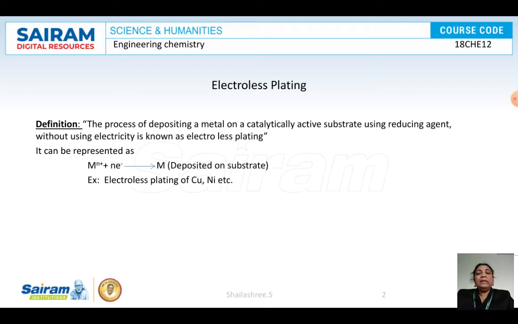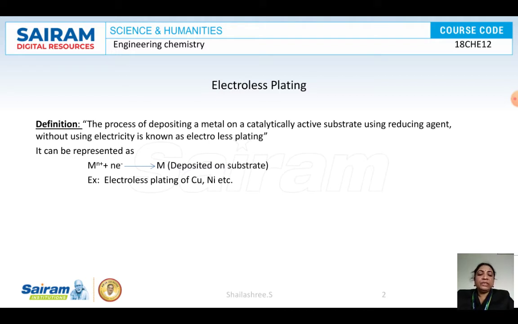Electroless plating is defined as the process of depositing a metal on a catalytically active surface by using reducing agents and without using any electricity. It is a process of deposition of a layer on a catalytically active surface without using any electric current, and by using chemical reducing agents.